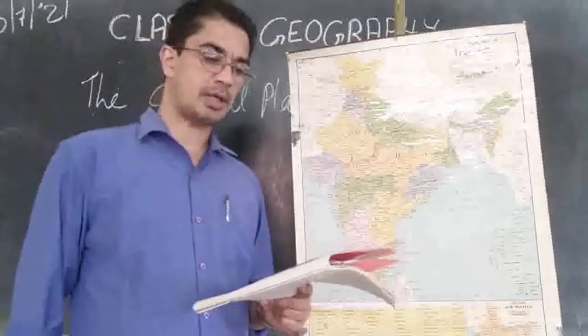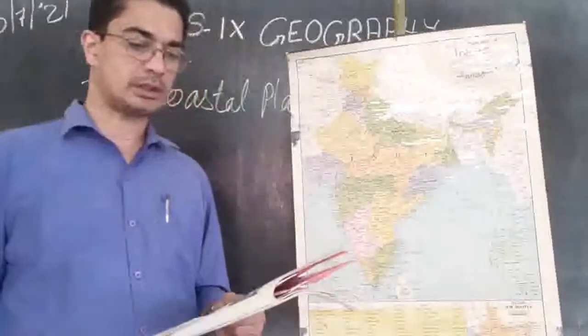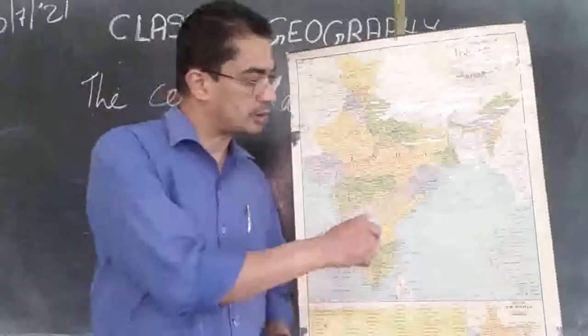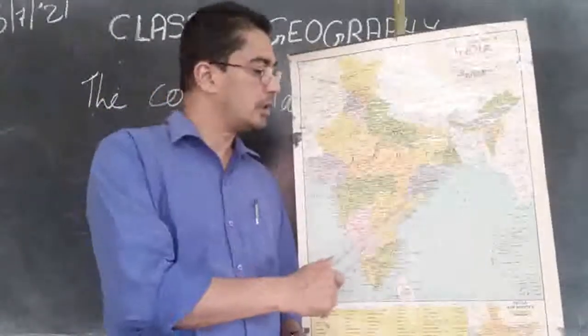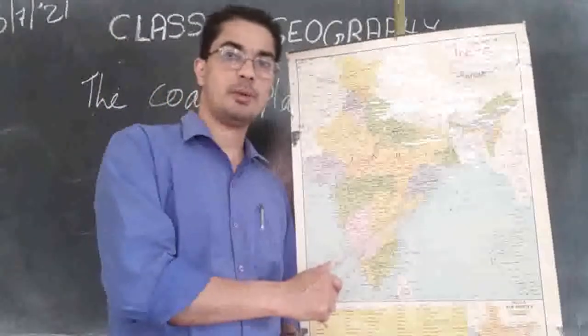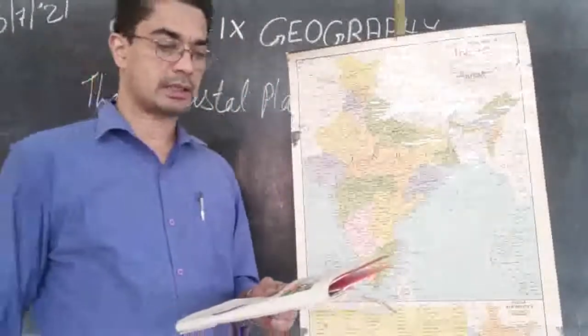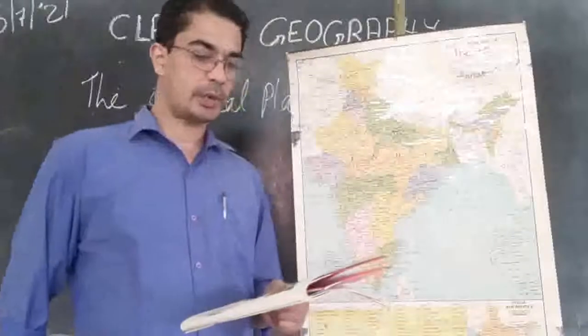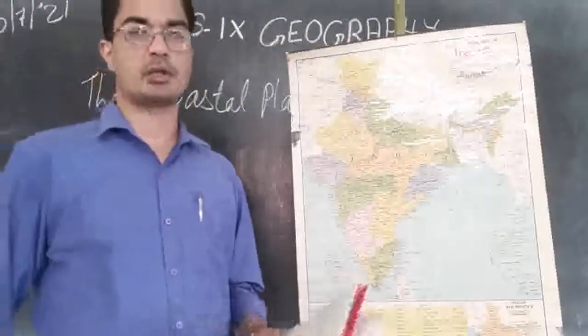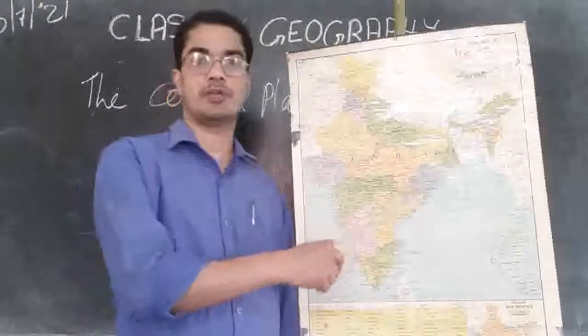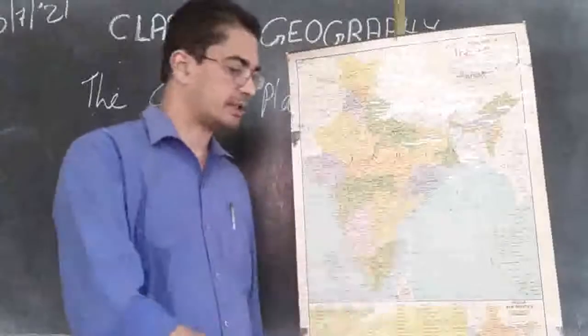And the northern part, the top part of the eastern coastal plain, is known as Northern Sarkar, while the southern part is known as the Coromandel coast. So here only two divisions are there, the northern part and the southern part.